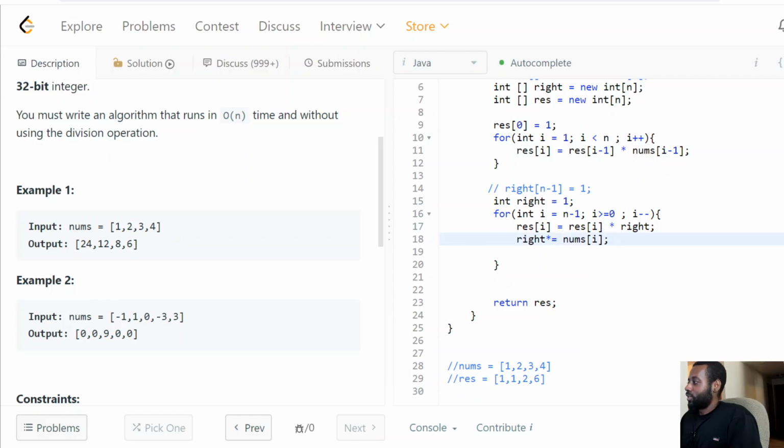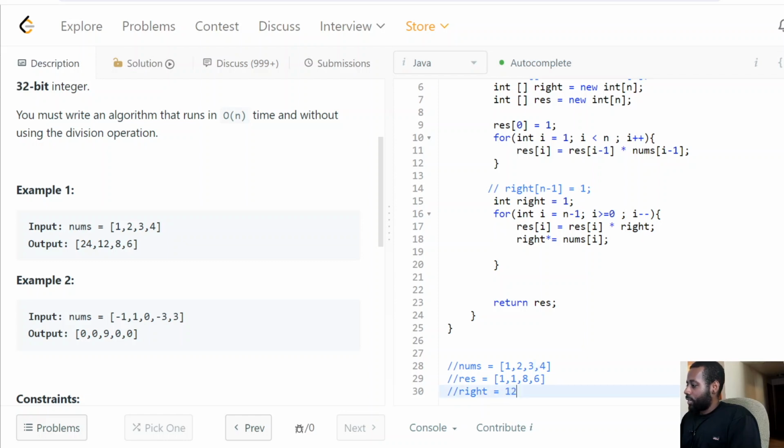Then for this index we do 2 times 4, which is 8. Before we go to the other index, we multiply: now it's 4 times 3, because that's the index we're on, and that equals 12.